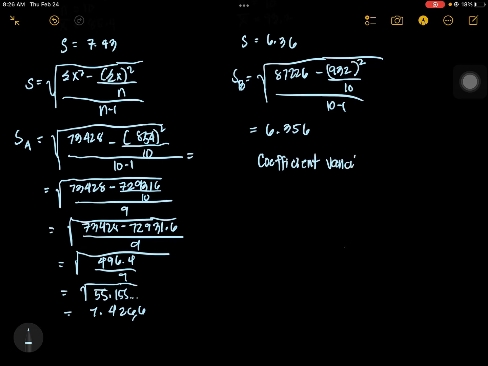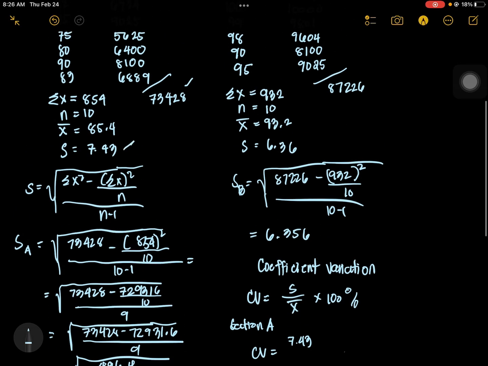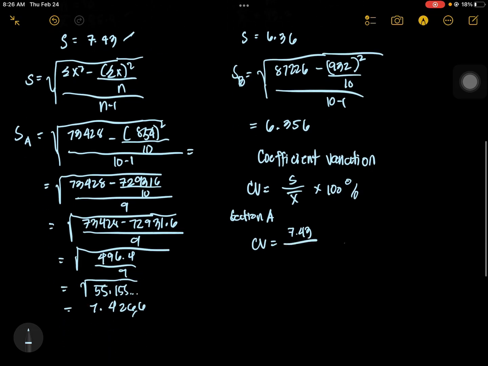For the coefficient of variation, the formula is your standard deviation divided by the mean times 100%. For section A, coefficient of variation is 7.43, that's here, and our mean is 85.4.